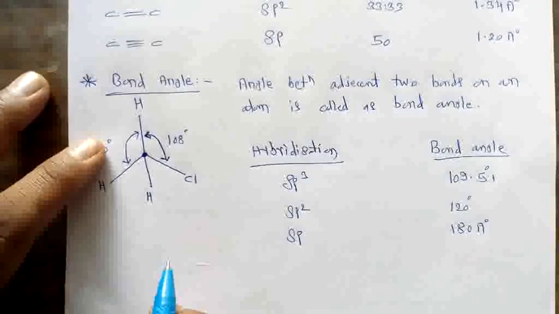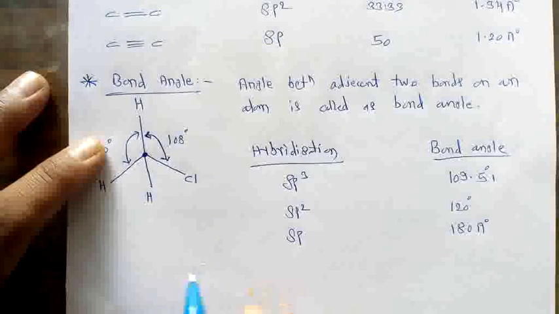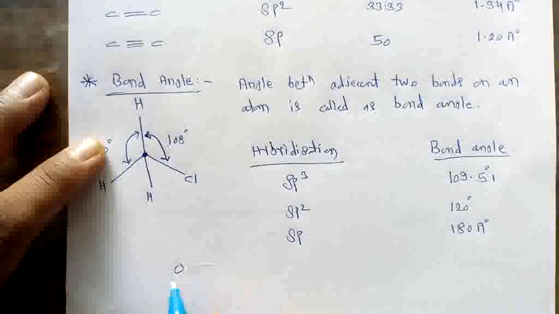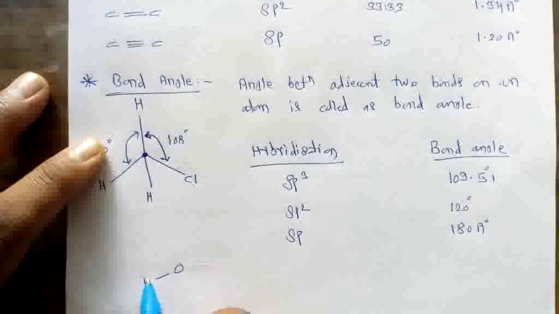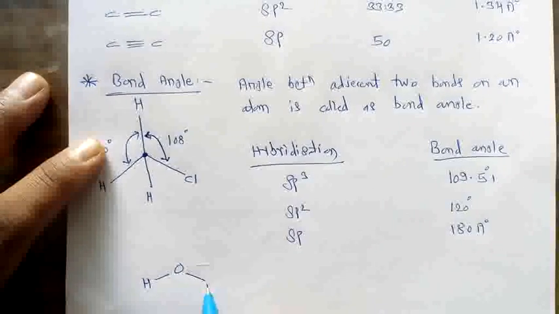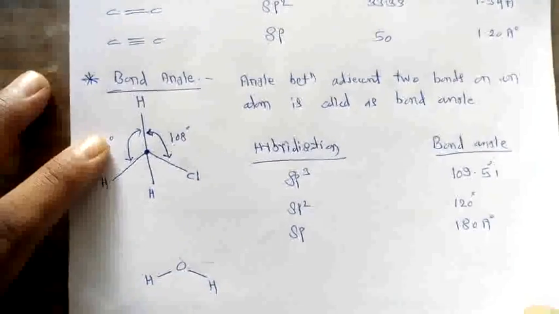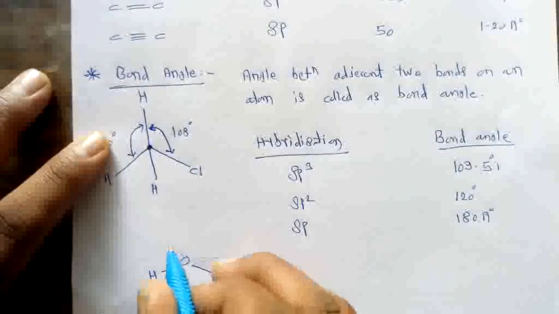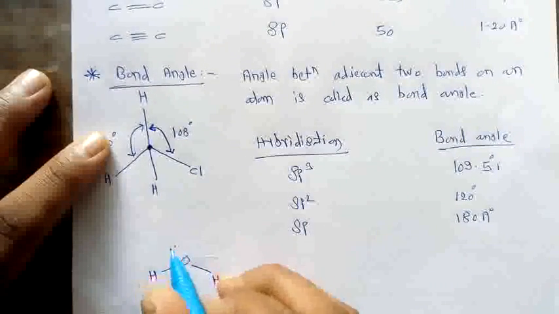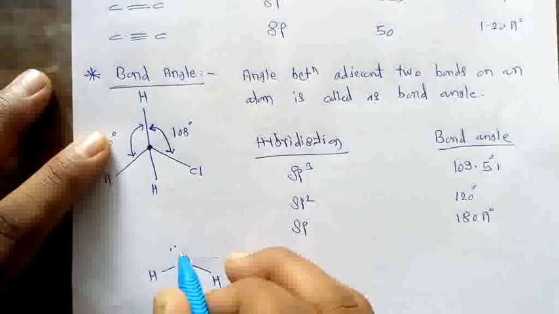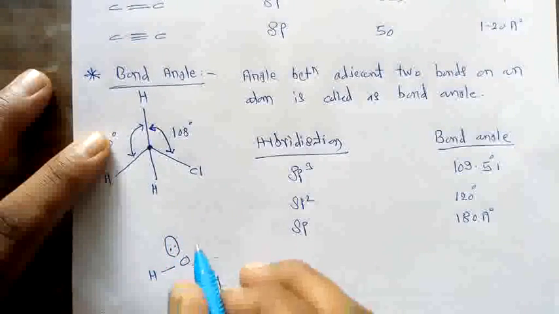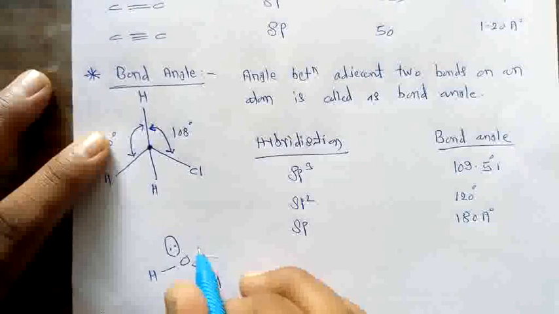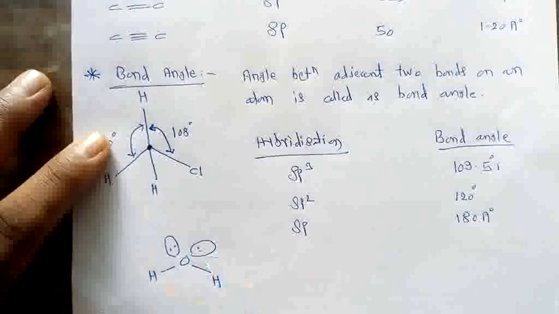Suppose we consider two different molecules. First, a water molecule, O single bond H, again single bond H. We know very well that in a water molecule, oxygen has two non-bonding electron pairs. This is the first non-bonding electron pair, and at the same time, it has the second non-bonding electron pair.